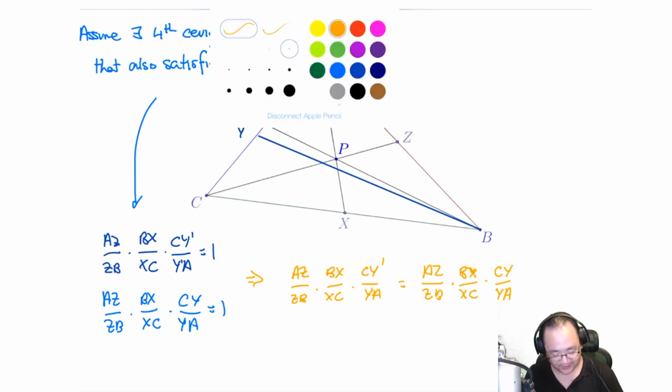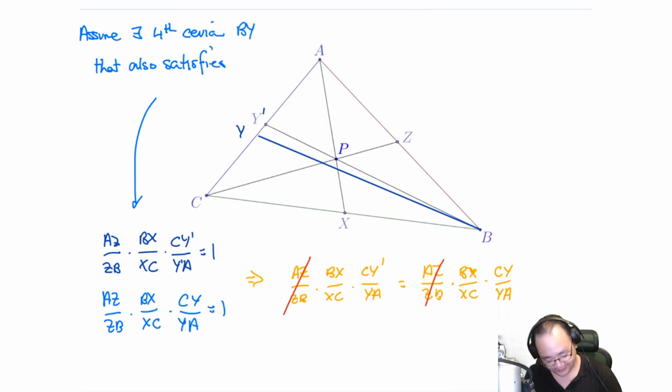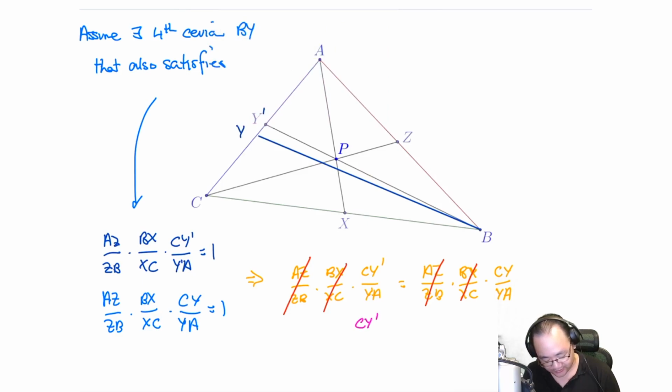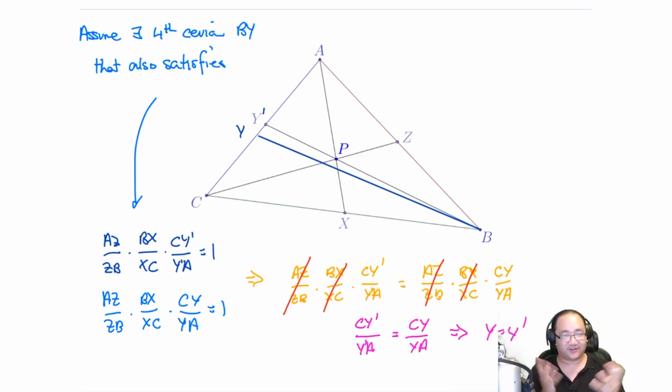As you can imagine, we're just going to cross out the common factors, or rather, technically dividing by those ratios, and we are left with CY dash over Y dash A equal to CY over YA, which implies that Y is equal to Y dash. And we are done, effectively.